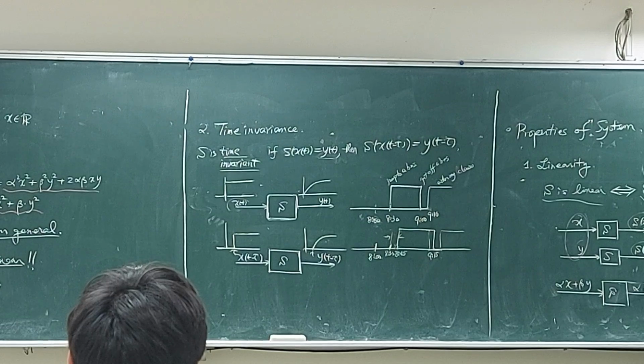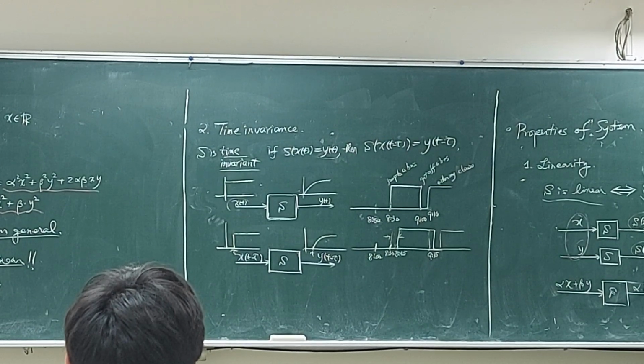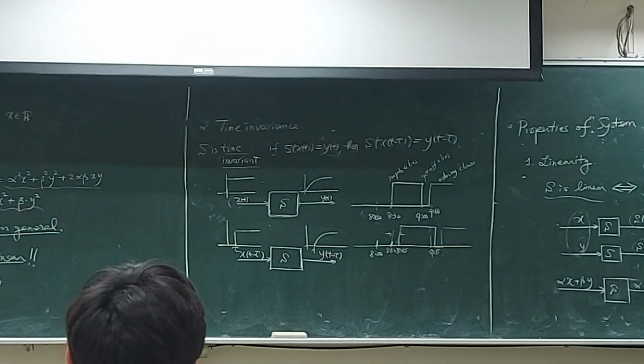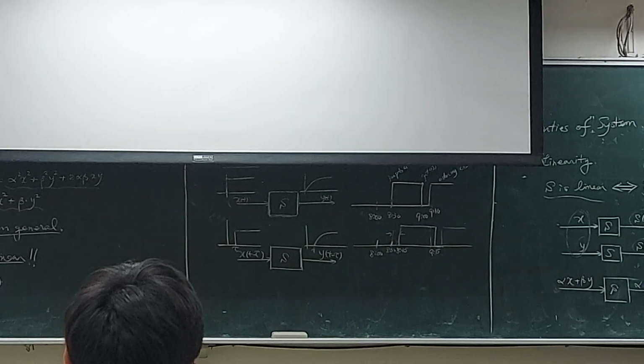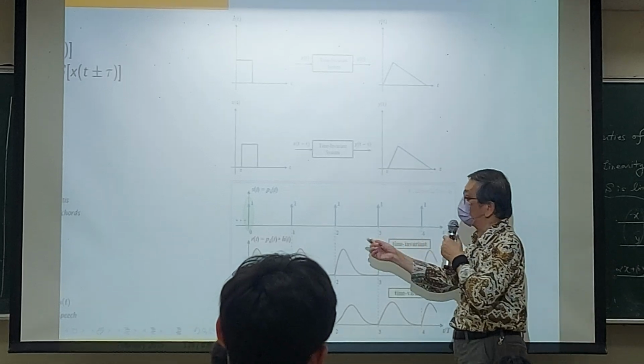So I'm not going to prove it. Just use a very simple figure here to show you that. Okay, let me show you another figure. So this is similar to what I just showed you.